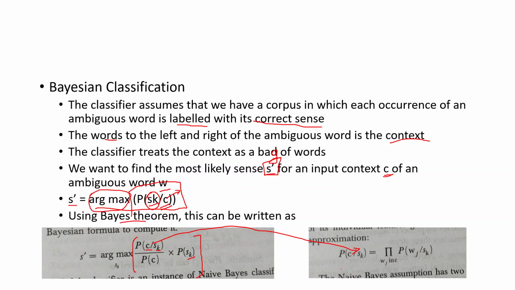Probability of C given Sk is equal to a product of, so we said C is actually a sentence, right? The girl went to the bank.